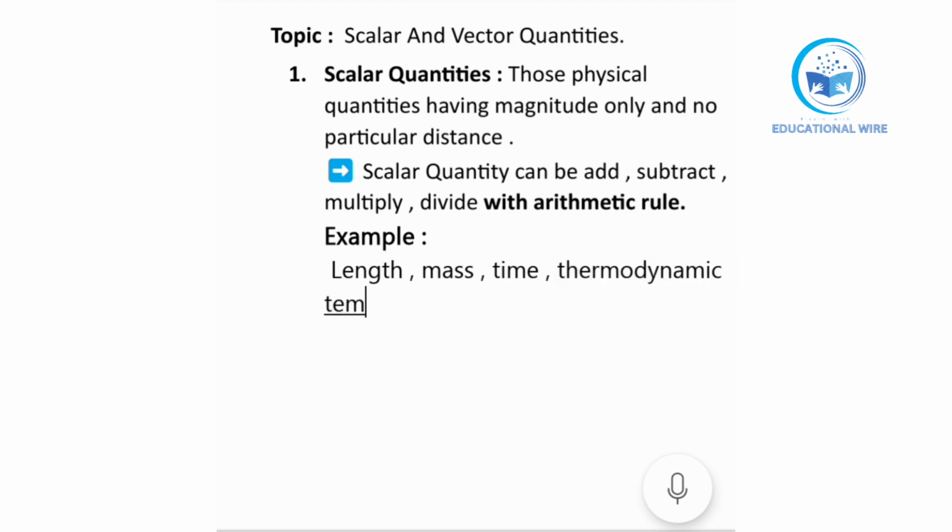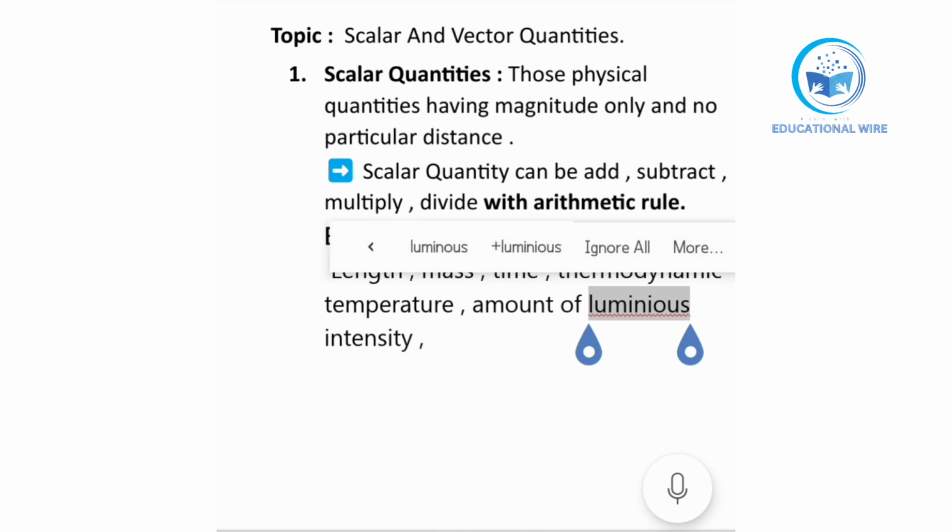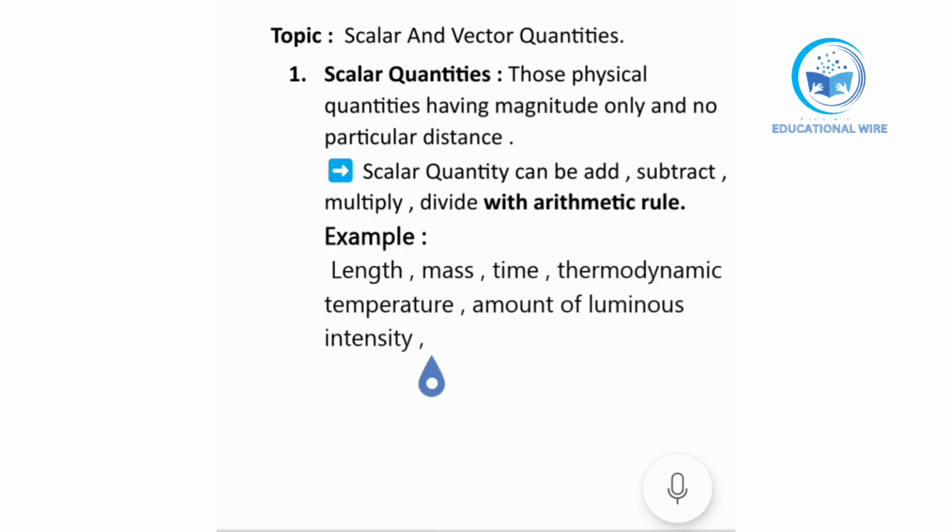Thermodynamic temperature is an example of scalar quantity. Amount of luminous intensity is a scalar quantity. Then we have current. With current we have work, and if we have work, we also have power.